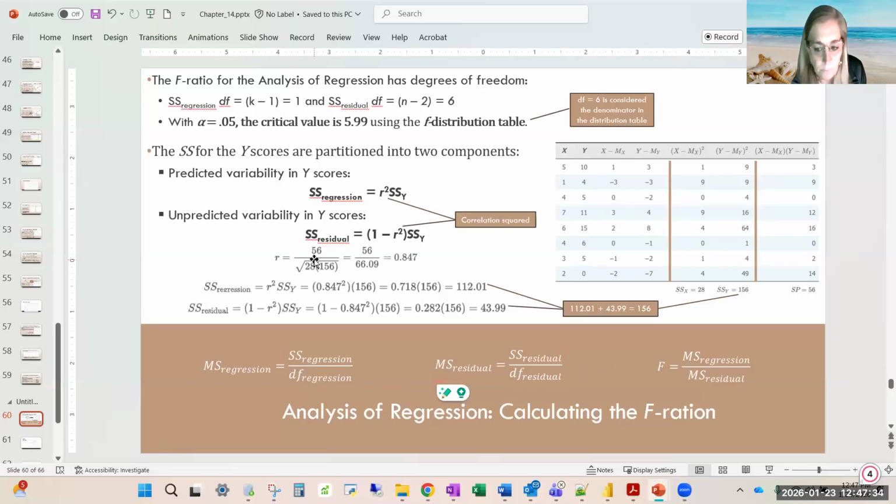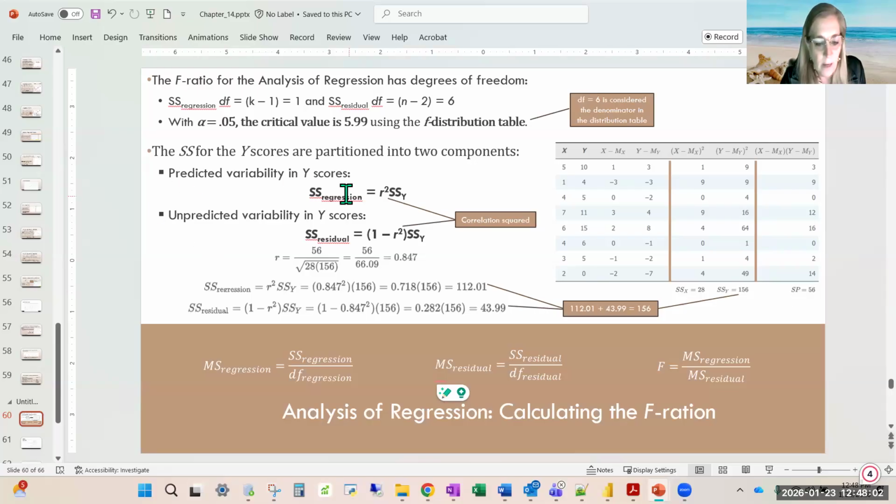As you can see, we've done the same steps here again. We've subtracted the scores by their means. For these columns, we've squared them. For this column, we've calculated the product of the deviation scores. And so we have sum of squares for X and sum of squares for Y, as well as the products.